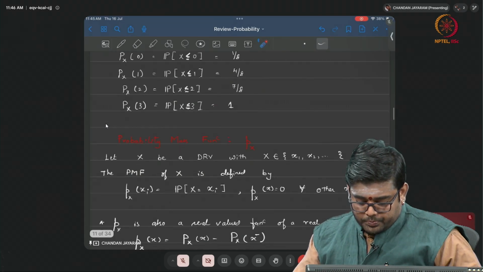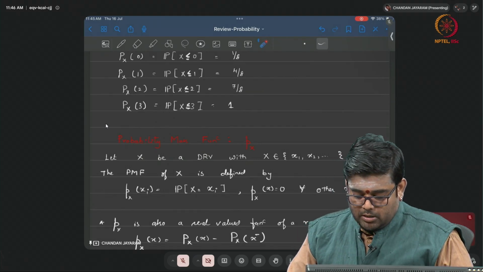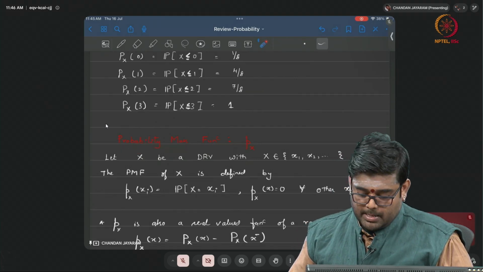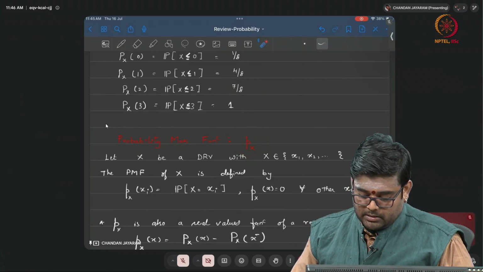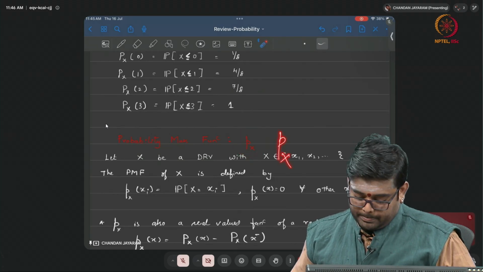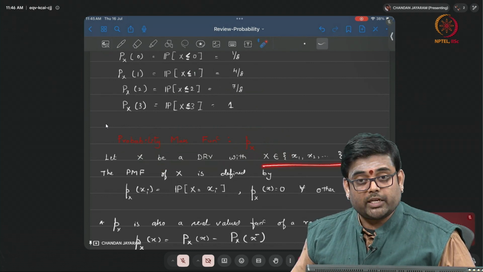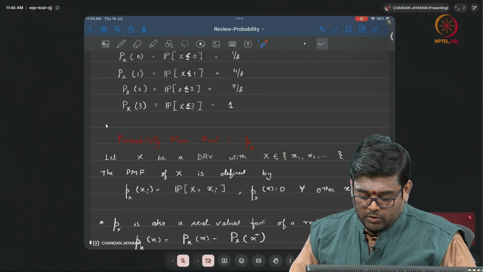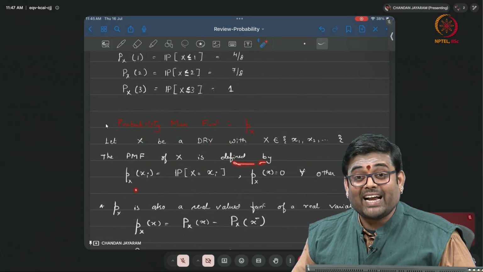Fine. So now let us define one more, which is the probability mass function, which I am writing as small p x. Now let x be a discrete random variable with x1, x2 and so forth. What is this? The PMF is defined by the probability at that point.